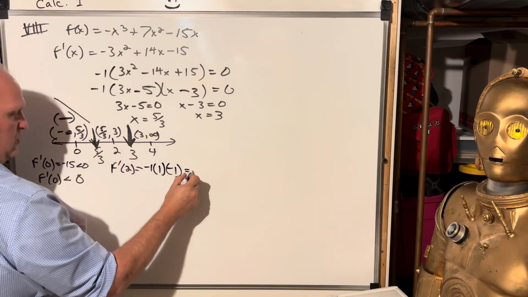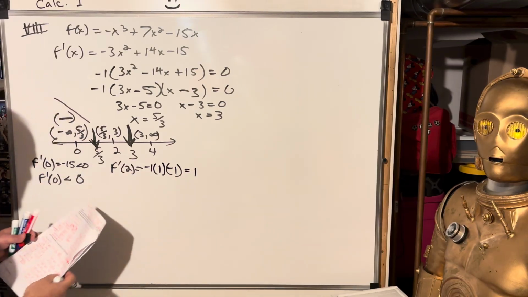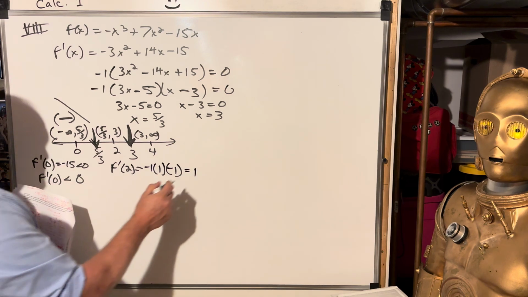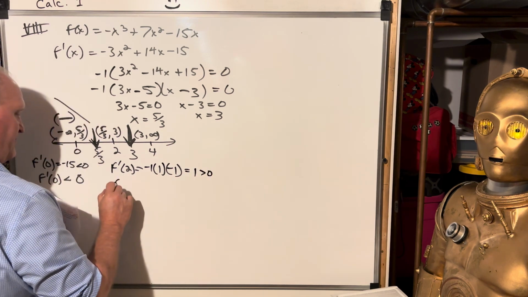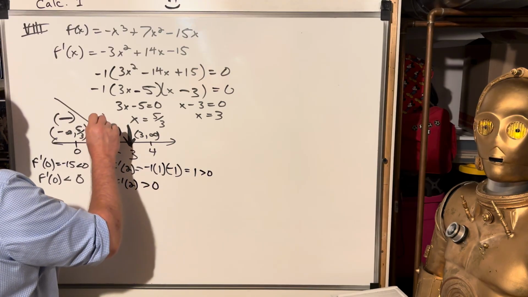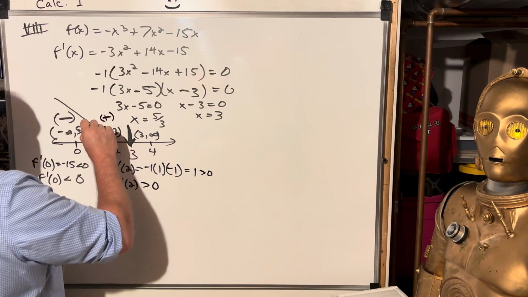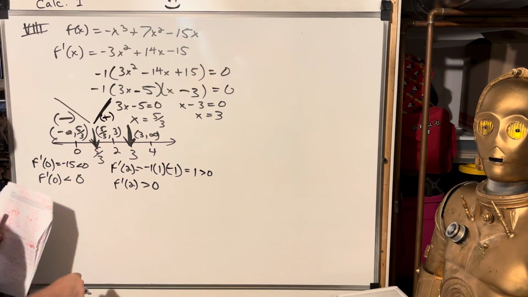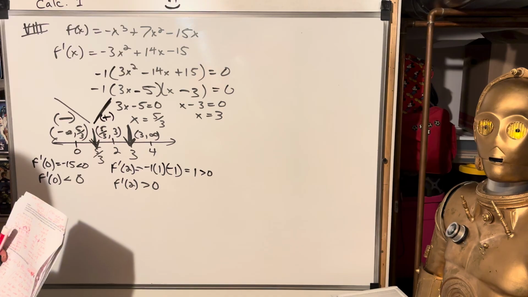And so that's just 1, which is way easier than subbing it into the original. And so that is greater than 0. So we got f prime of 2 is greater than 0. So that is positive, which means this is an increasing interval. So decreasing and increasing, which means that's going to be a local min.